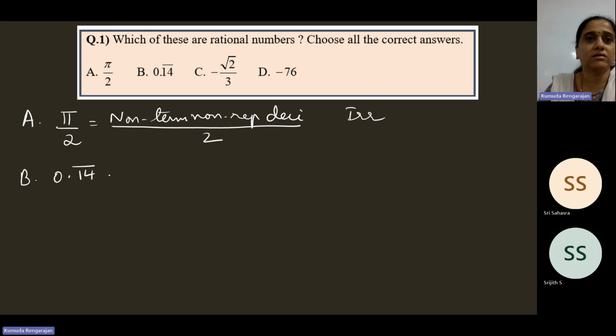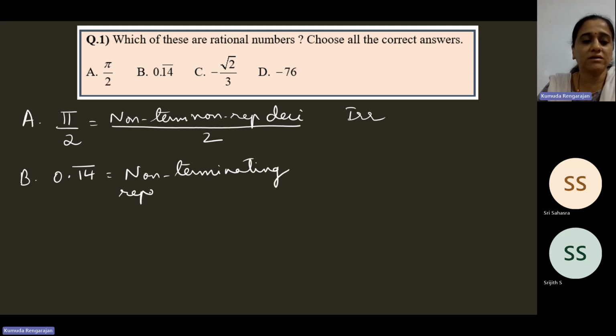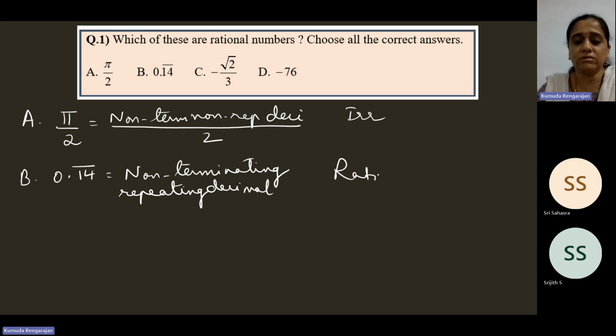0.14 recurring. Non-terminating, repeating decimal, rational number.